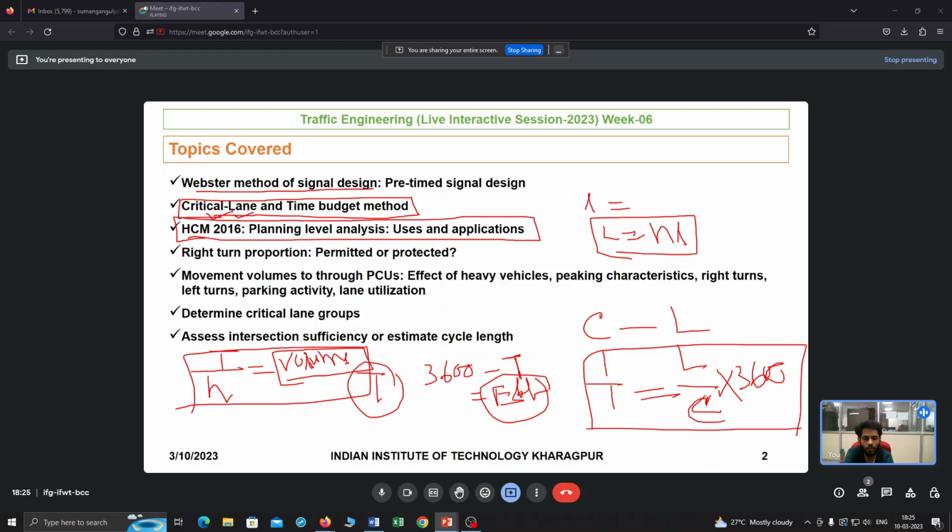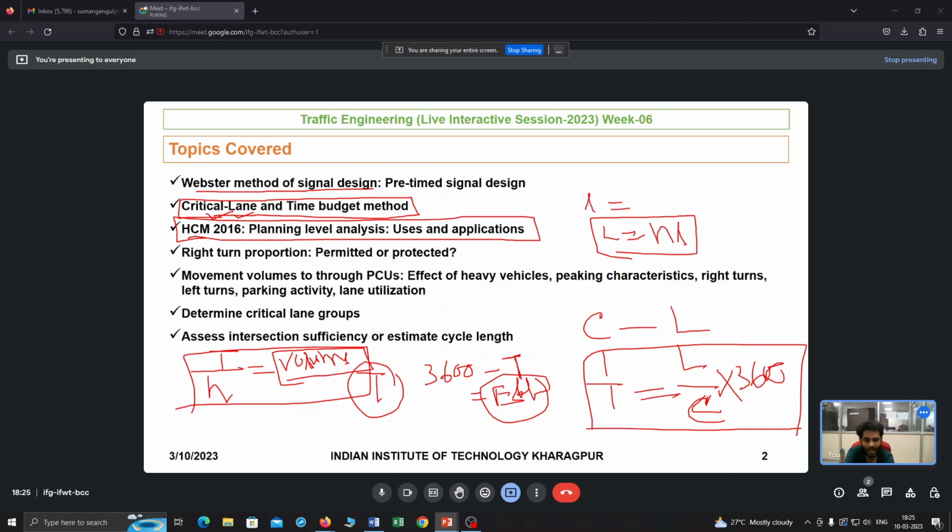First is the effect of heavy vehicles. So suppose at two intersections the flow is almost the same. Flow means traffic volume, but at one intersection there are heavy vehicles, meaning the trucks are more. So you can imagine the time taken to cross the intersection with heavy vehicles will be more, because heavy vehicles will restrict other movement as well, right?